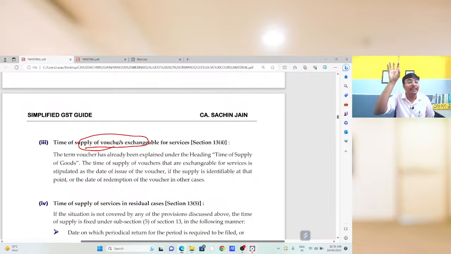I will come with certain examples, certain data, so that it will be more clear in your mind how things are going on. So first we are going to discuss or analyze the provisions of law. Then we are also going to discuss the practical return filing, the practical exposures, the practical forms which are available on the GSTN portal, and also certain practical data. And with that, we are going to discuss the theory part.